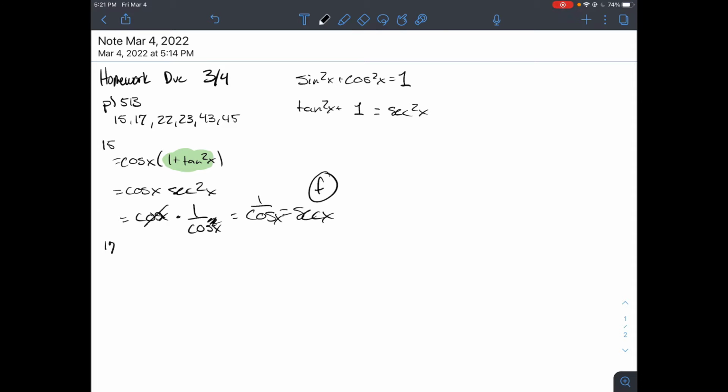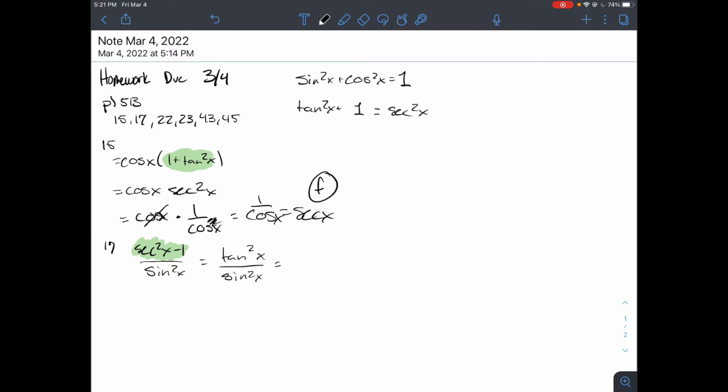For 17, we have secant squared of x minus 1 over sine squared of x. So once again, I see that we got our trig function that we could definitely use. We got something squared and a 1. That will equal tangent. So tangent squared of x over sine squared of x.